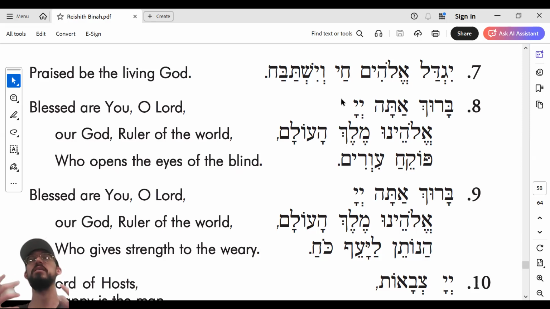This is kind of how language works, right? It just becomes familiar to you, you keep coming back to it over and over again. So the formula, we know it very well: Baruch atah Adonai melech haolam, blessed are you, O Lord, our God, ruler of the universe. And then this combination of words, pokeach ivrim.